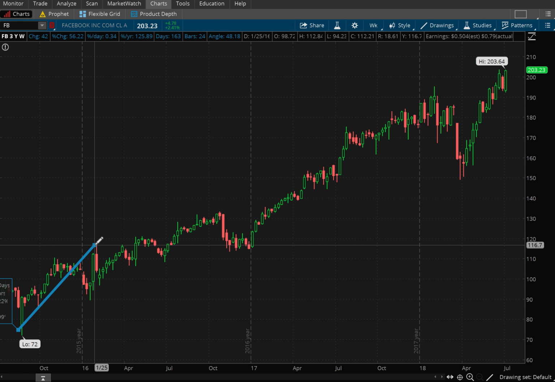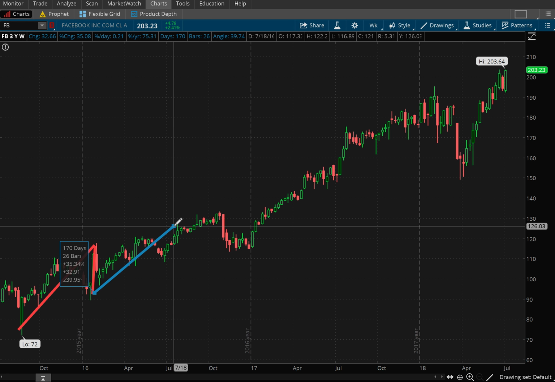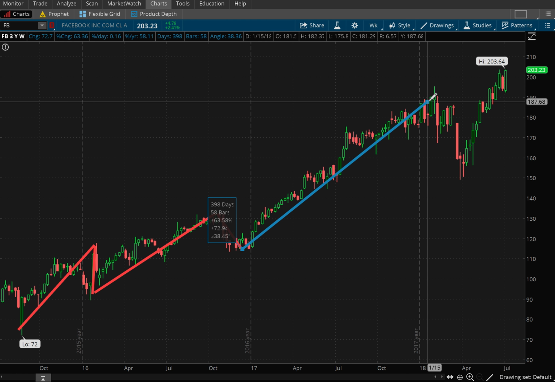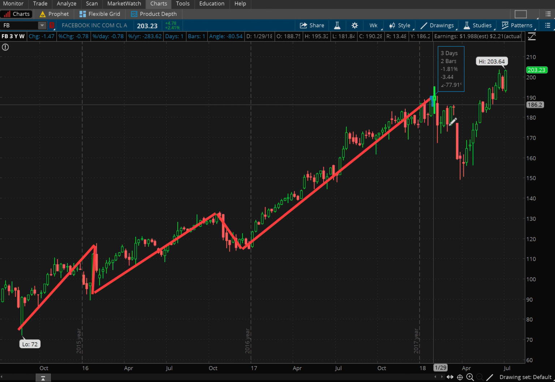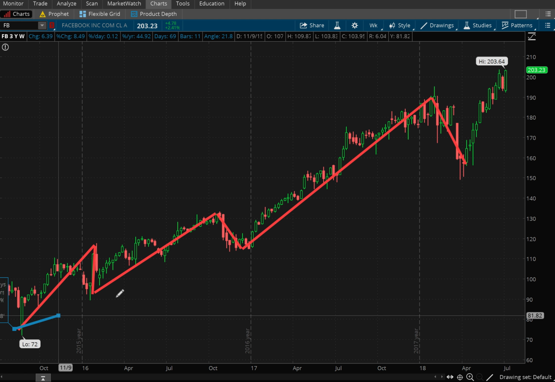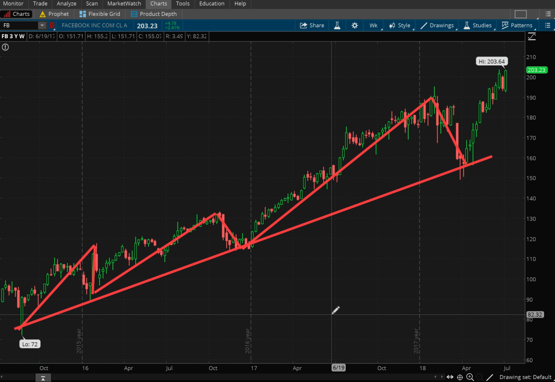You get all these swings over here: higher highs, higher lows, higher highs, higher lows, higher highs, higher lows. And the third way to do it is simply draw a line across the lows, and you will see that, hey, you know what? This is an uptrend, right?